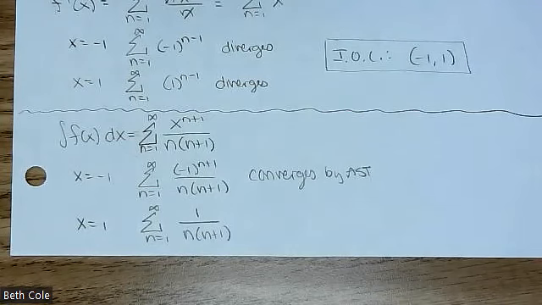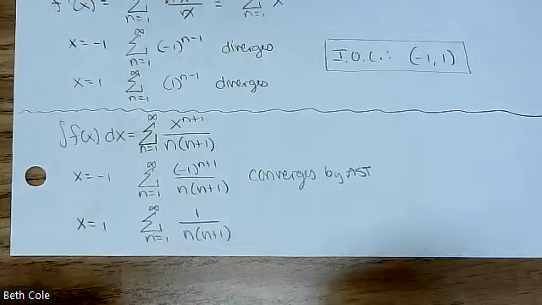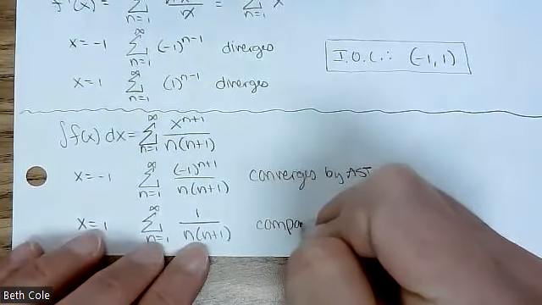Any thoughts on that one? Because we're going to have to use a different test for this one. You are right. You had a 50-50 shot of guessing though, so. We would do a comparison for this one.